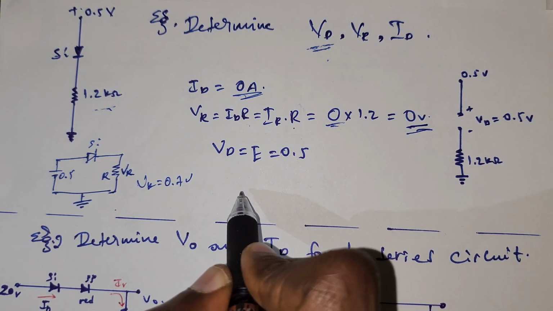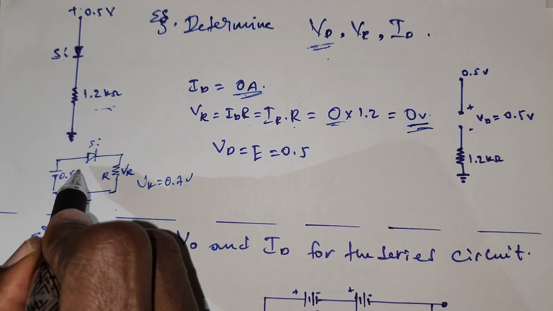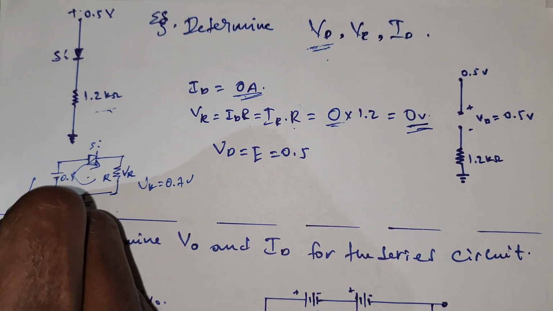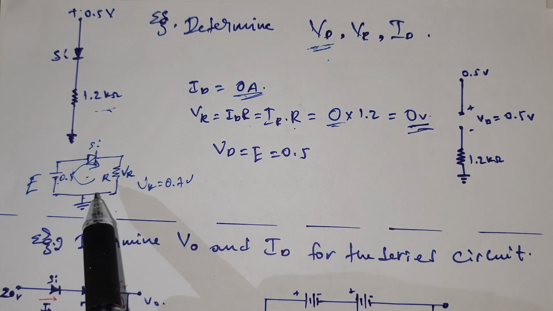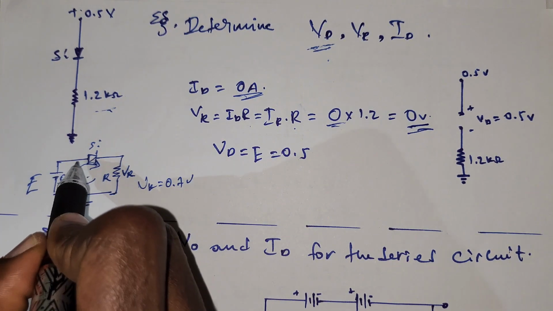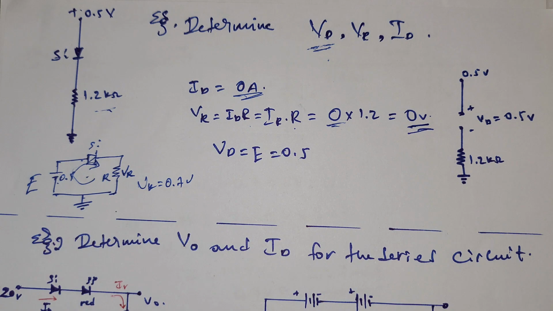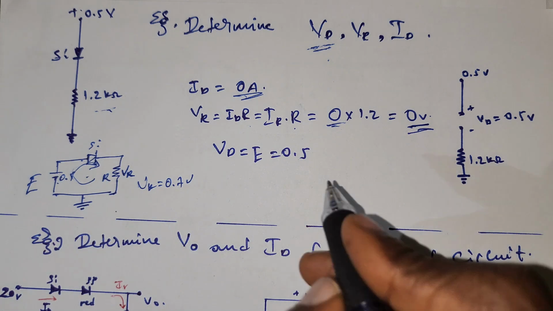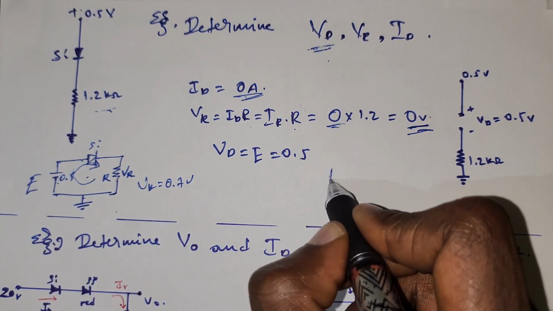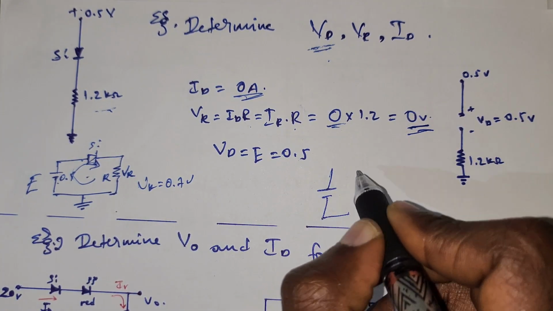KVL, Kirchhoff's voltage law. Simply, we can apply Kirchhoff's voltage law to this circuit. So E is 0.5. We know E is 0.5. VR is equal to 0. Why? Because as you see, this would be the resultant circuit.